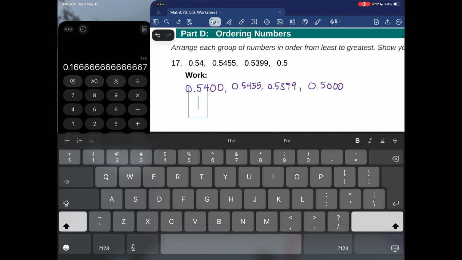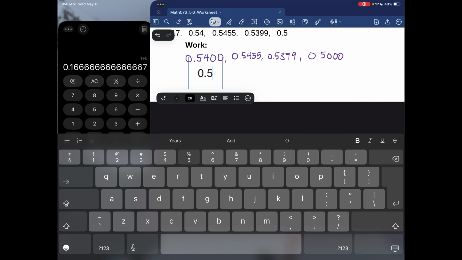My smallest one, I look at all of them. My 0.5000 is going to be my smallest. Then I look for my next number that's going to be the smallest. I see 5399, that's less than 5400, so I'm going to go with that, 0.5399.